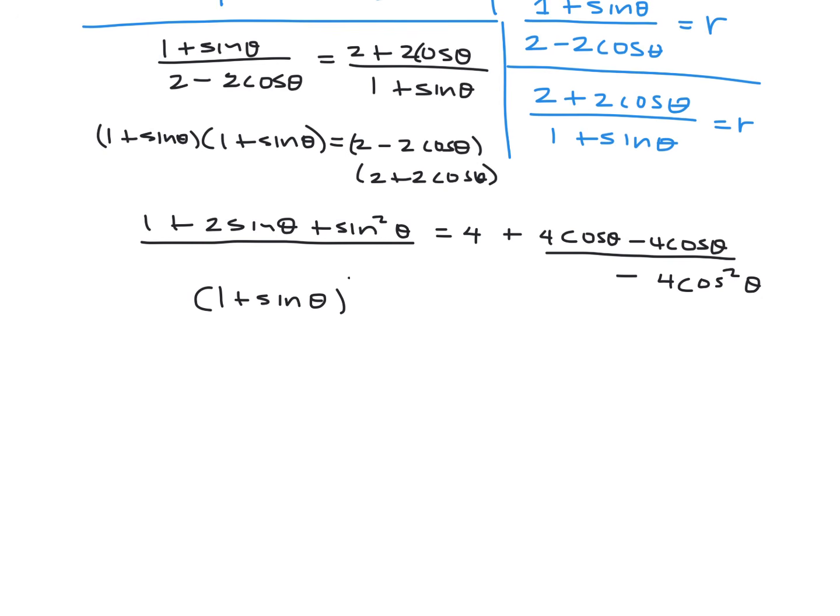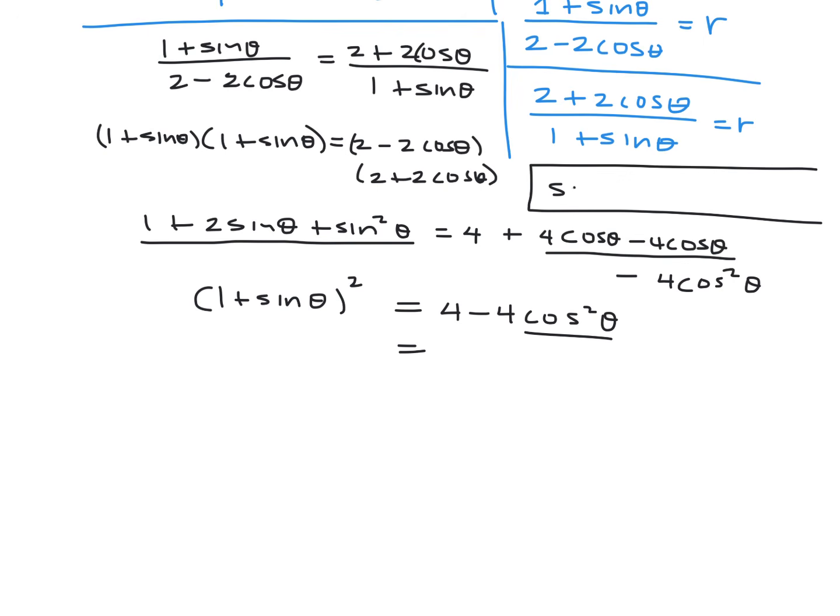I expanded it, but I like this better because I noticed this becomes this right here, right? And then the cos squared theta, you guys remember that famous identity, that sine squared theta plus cos squared theta equals 1. So that basically means that we can substitute 1 minus sine squared theta. Yeah, and then we get it all in terms of sine theta. So that would be helpful.